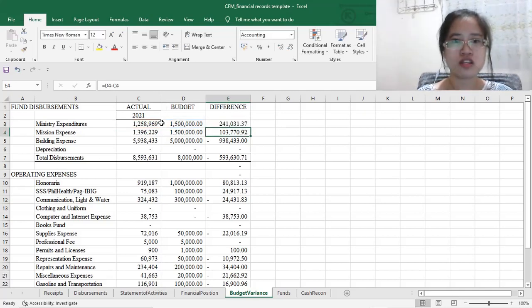Essentially, you're trying to see if you haven't gone over the budget yet. Okay, or if you still have a leeway to spend this much money on this particular items: ministry, mission, building.